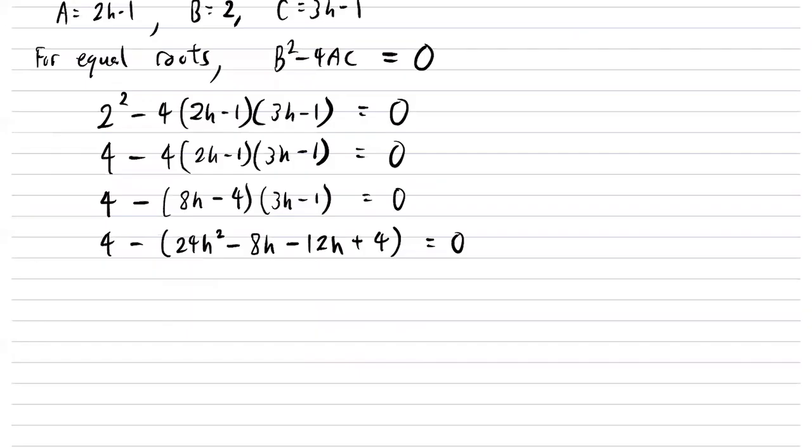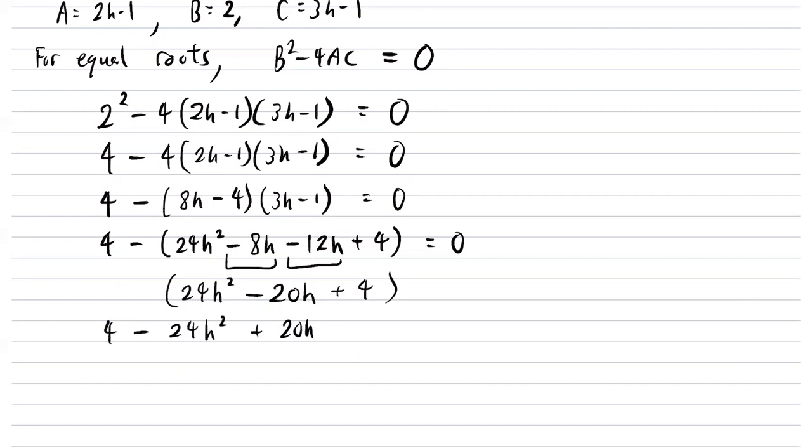Combine like terms. I see minus 8h minus 12h becomes minus 20h. Don't forget the 24h squared in front and the plus 4 behind. Oh wait, there's also a minus sign that can go in. So it actually becomes 4 minus 24h squared plus 20h minus 4.